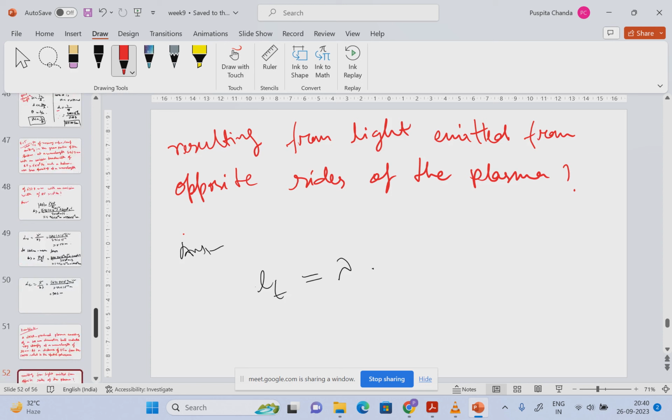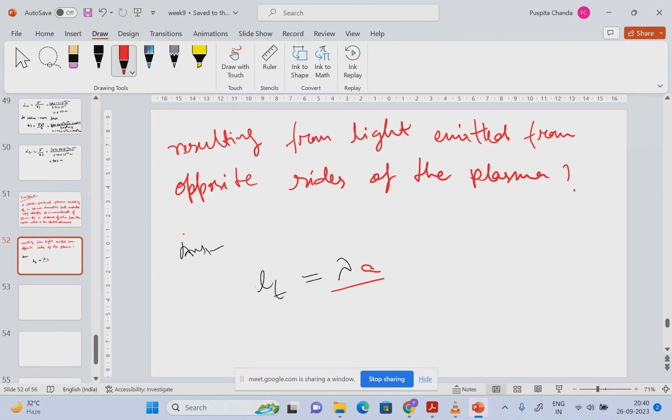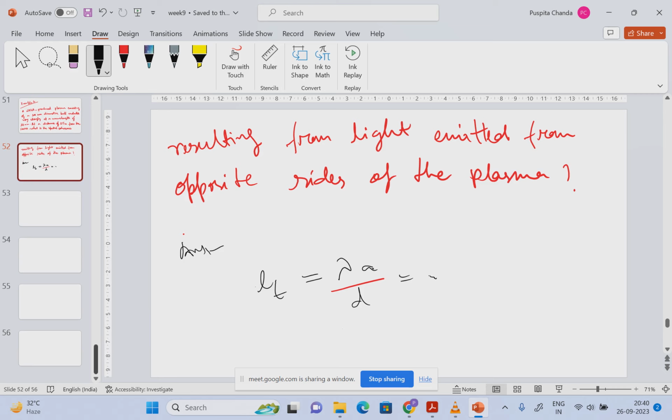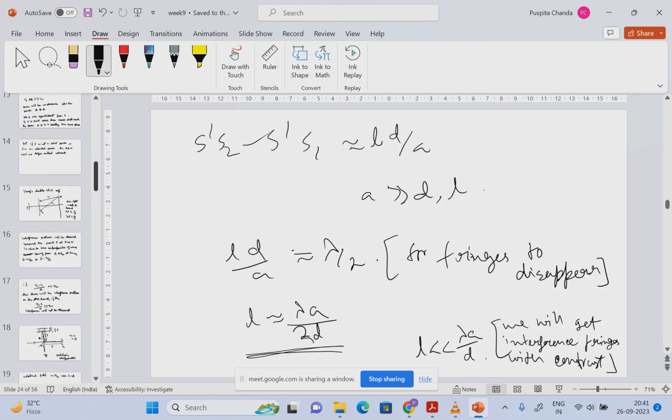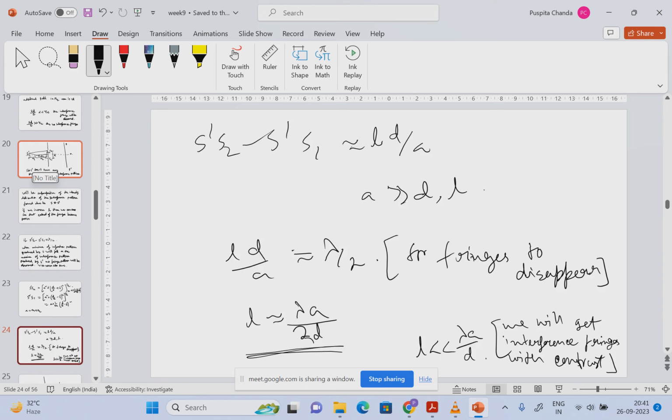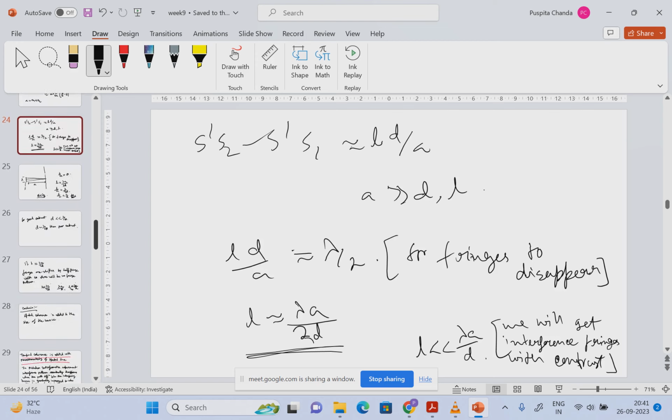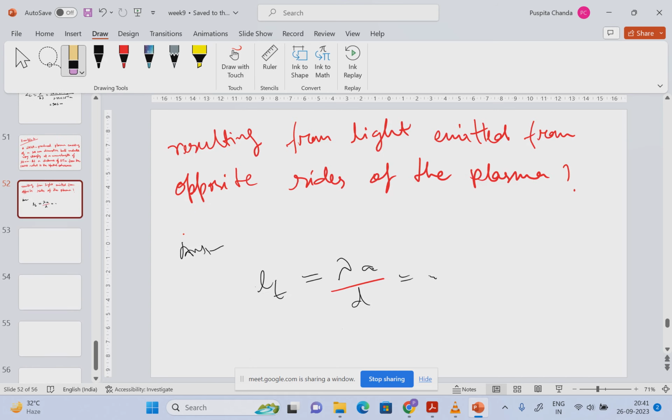So here it is lambda A by D. So here this is S.